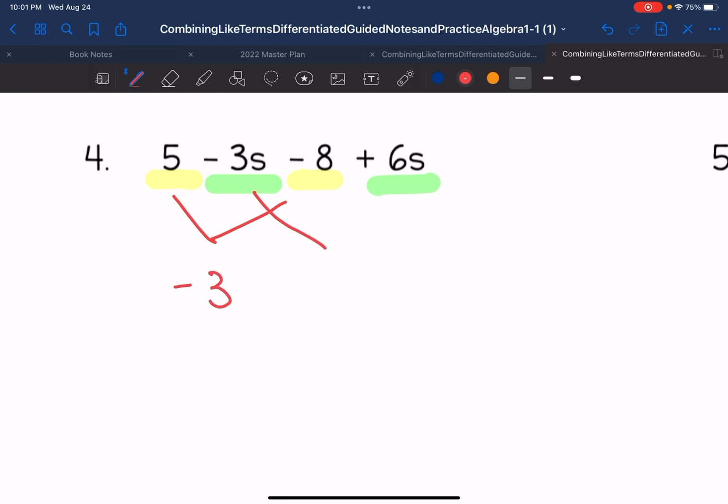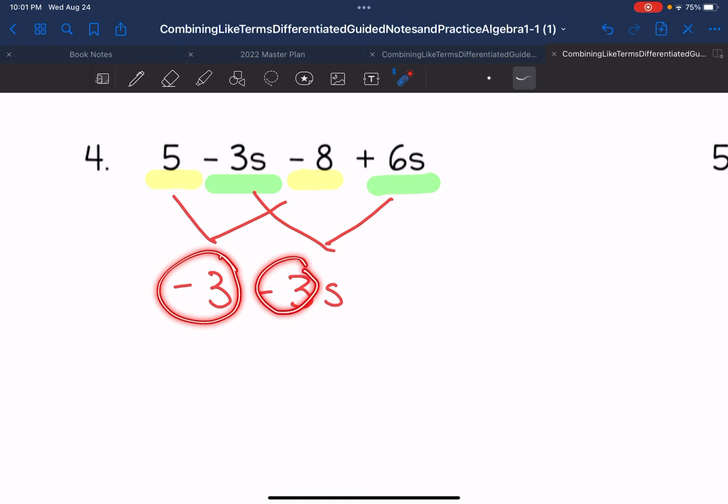And then I've got my negative 3s plus 6s. When I combine those together, I'm going to get 3s. Now remember, even though these constants are similar, they do not have the same variable. So this one does not have an s, this one does have an s, so you have to leave it like this. This is your answer, okay?